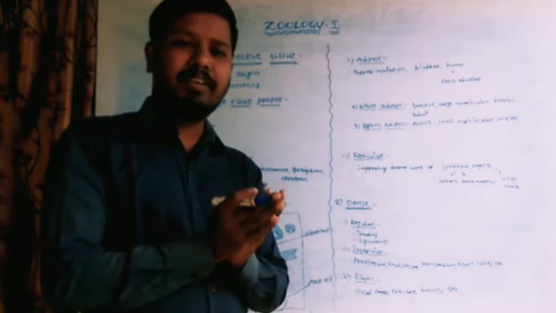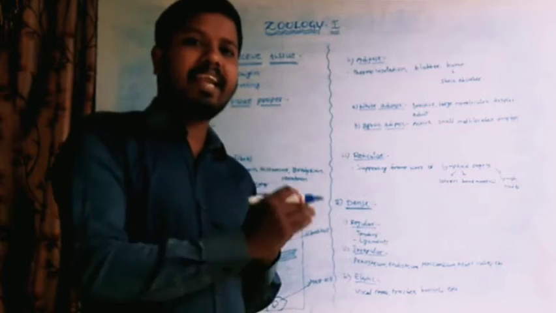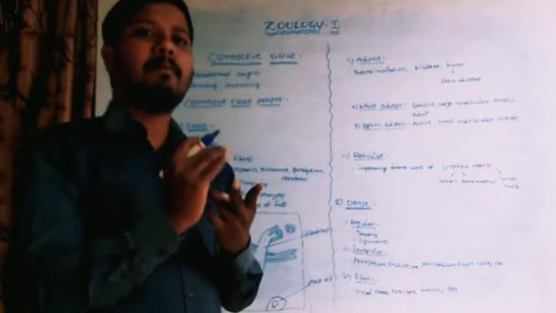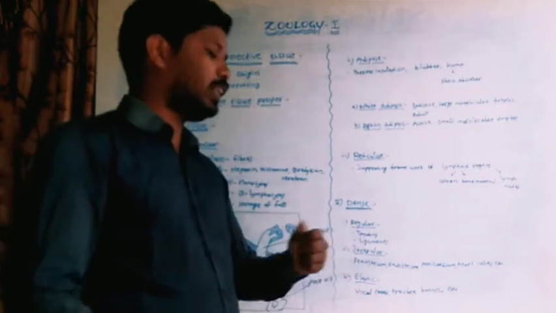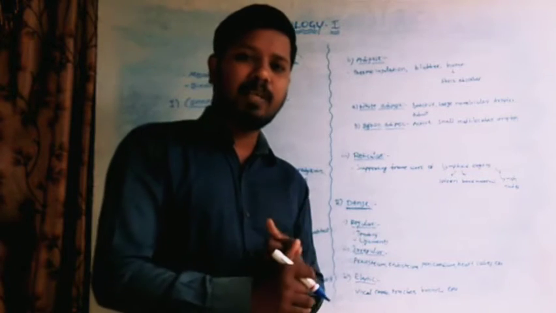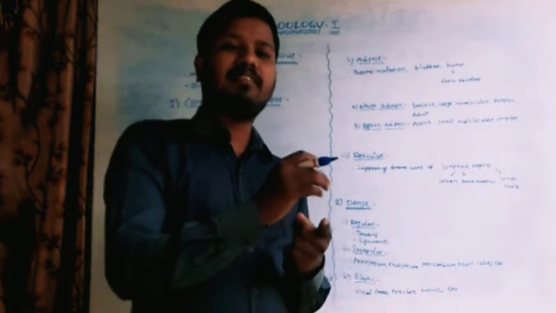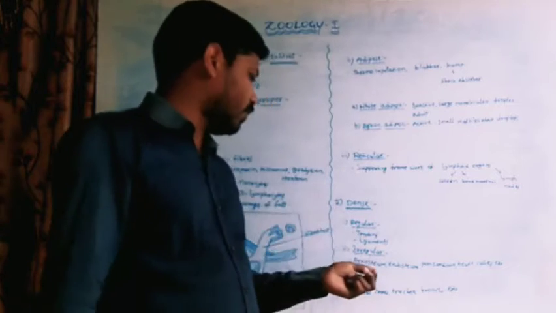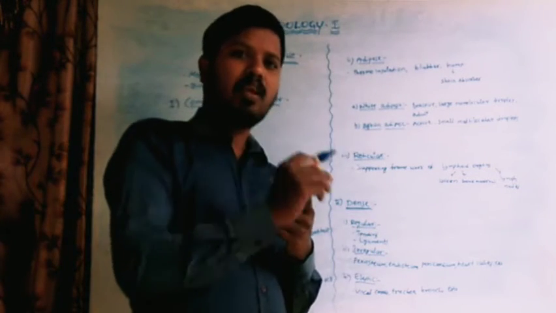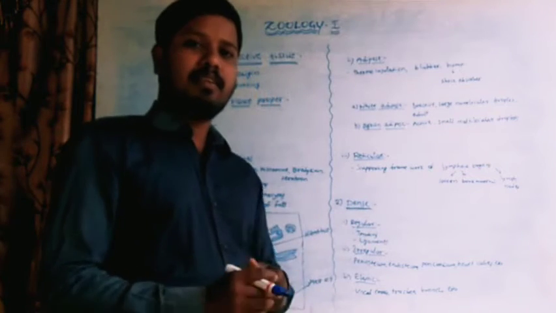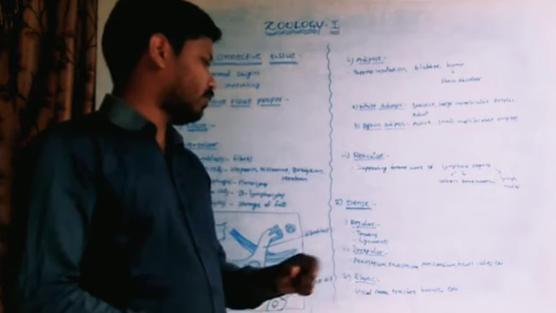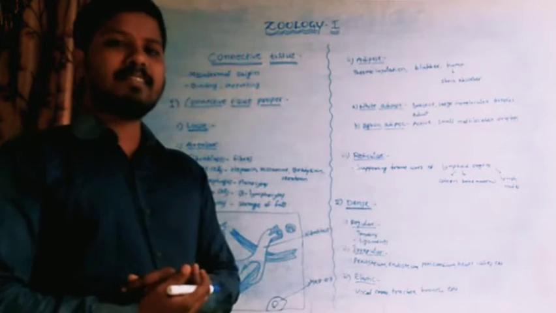The attachment between muscle and bone is called a tendon. The attachment between one bone and another bone is called a ligament. These are the regular dense connective tissues.